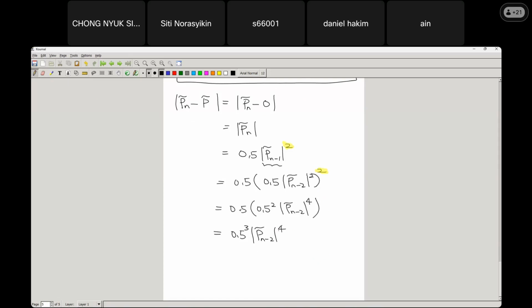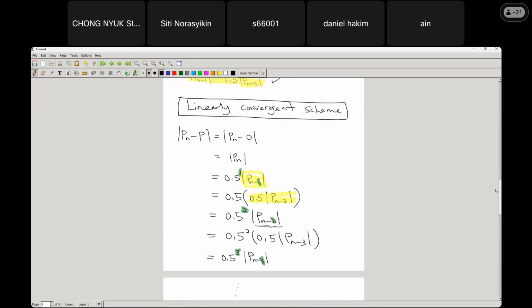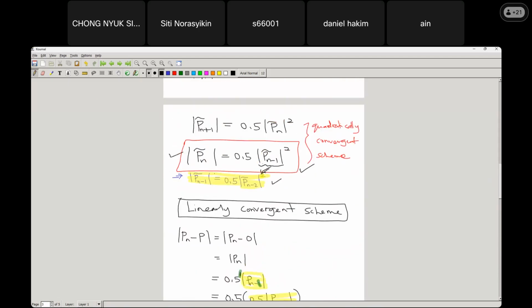Okay, next, how to get the Pn minus 2 tilde? Okay, get back to your given question. Okay, so here I have Pn minus 1 tilde. How I'm gonna get my Pn, I use the blue. How I'm gonna get my Pn minus 2 tilde? Can someone tell me?